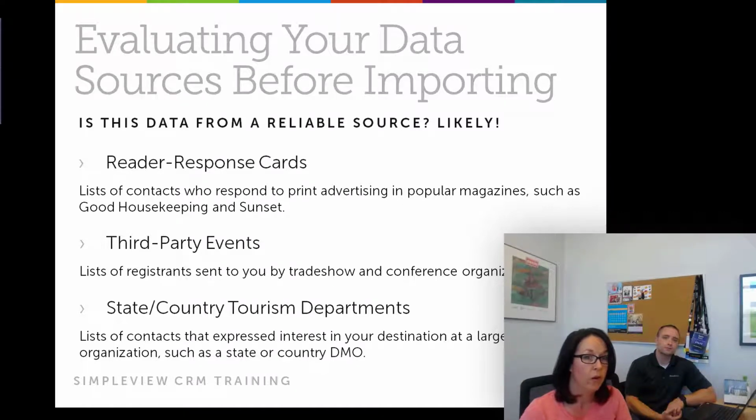They want a visitor guide from you. Or maybe you're getting registered lists from a third party from trade shows and conferences, and you want to import them into your consumer module and use them later on for marketing purposes. Another option is maybe you want to have a list of contacts that are interested in your destination, such as a state or country or other DMO.